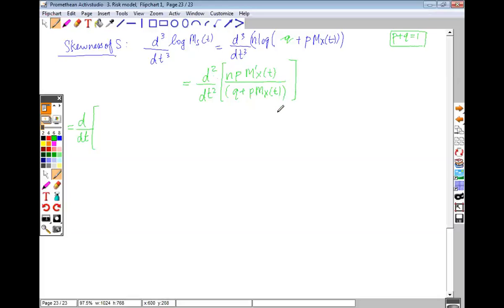So I will either have to use the u by v rule, but I personally do not prefer the u by v rule. So I'm just going to rewrite this term in the bracket as this thing times q plus p m x t raised to minus 1. Is this fine with you guys?